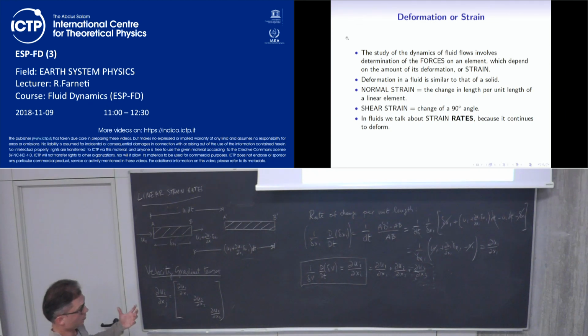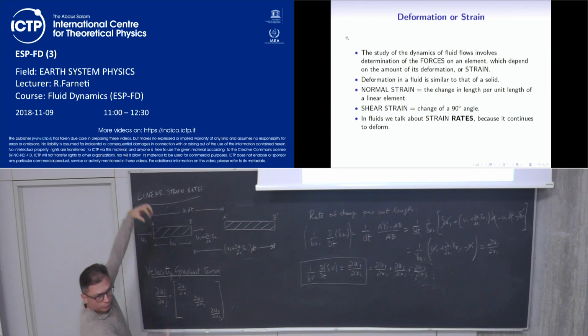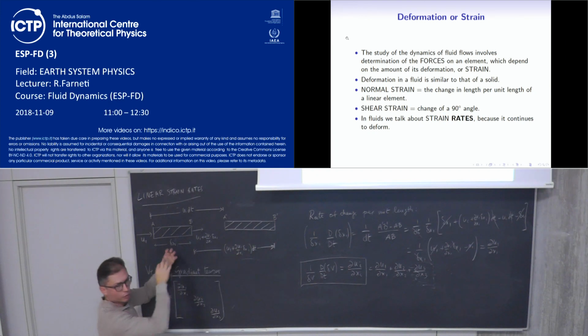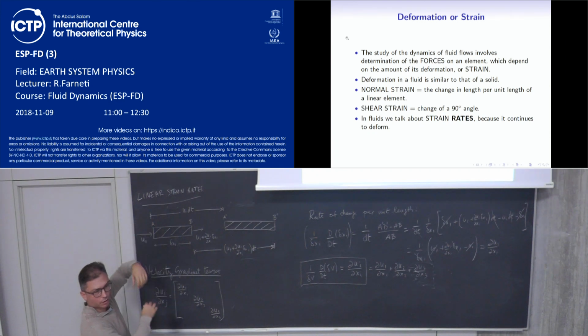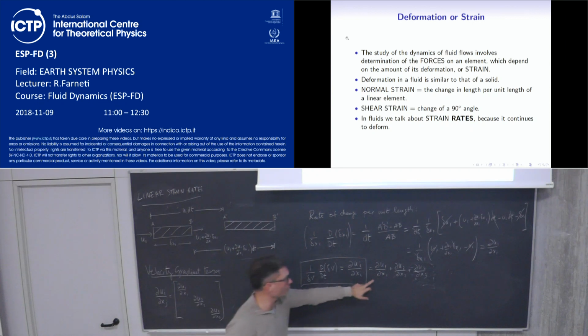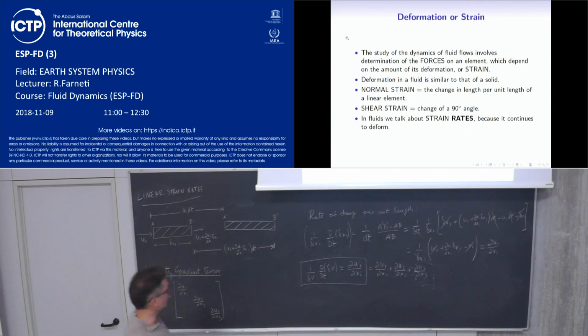So it will deform in x1, it will deform in x2, and it will deform in x3. And that could be a rate of change. So for any delta t, I am deforming in x1, in x2, and in x3. And these are going to be my linear strain rates: linear in x1, linear in x2, and linear in x3.